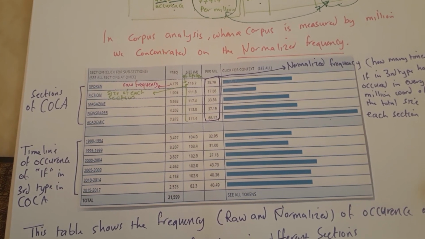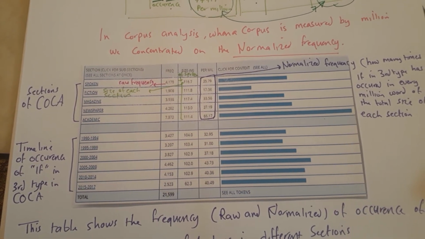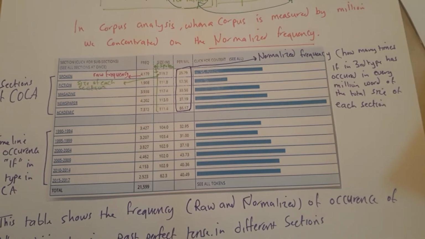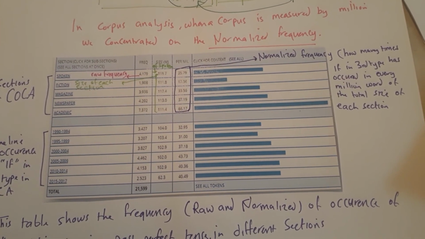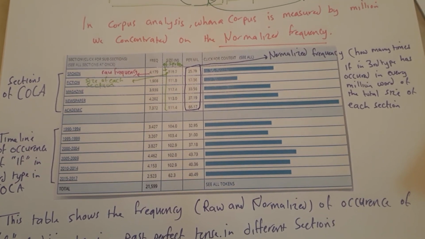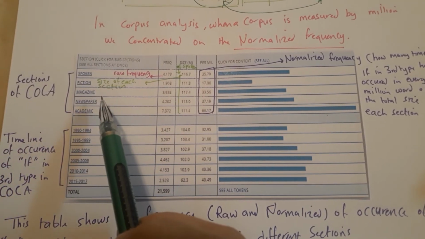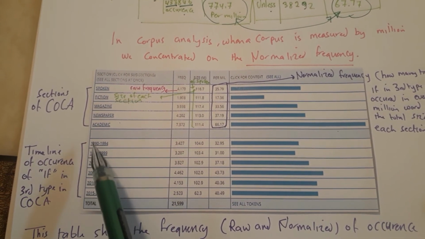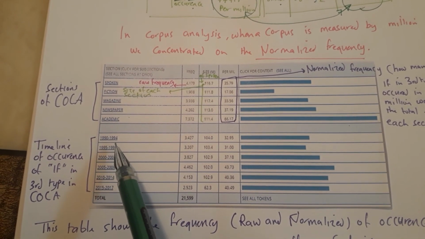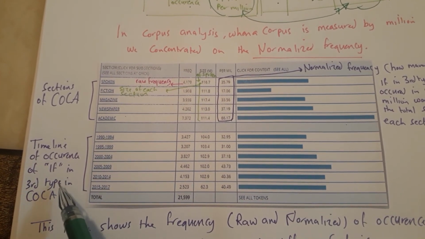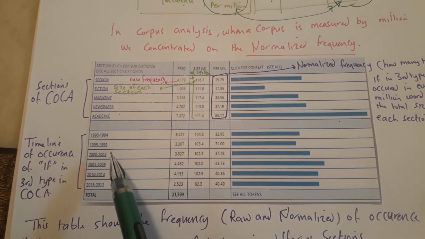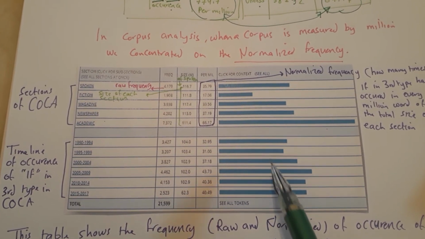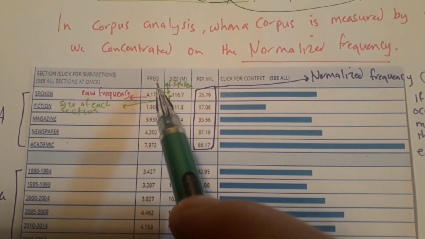Now take a look at this table. I will provide you with something similar related to stative verbs and progressive aspects. These are different sections in COCA. We have spoken, fiction, magazine, newspaper, and academic, as you can see. Here we have years, and these years represent the timeline of occurrence of if in the third type in COCA. In this example, we are talking about if in the third type. Here we have something called the frequency.